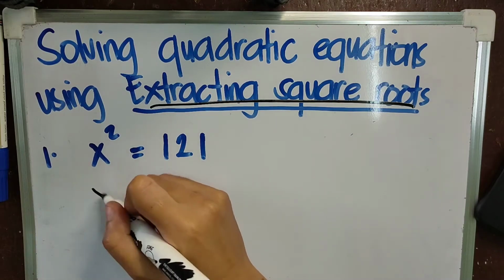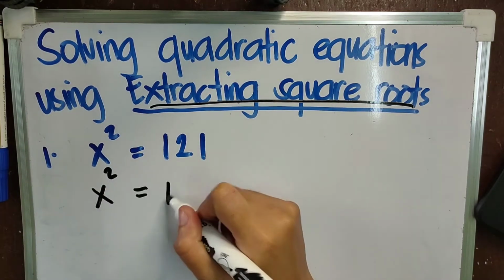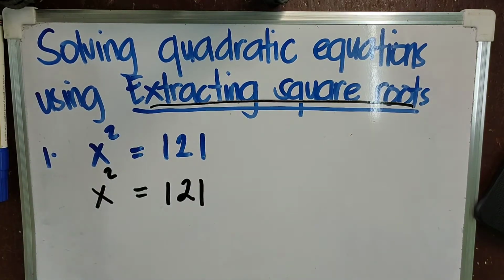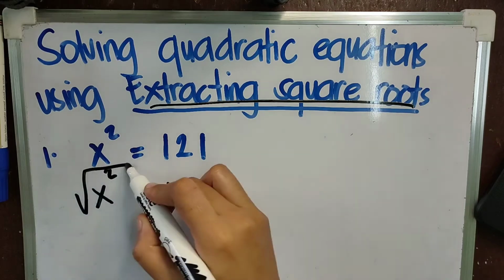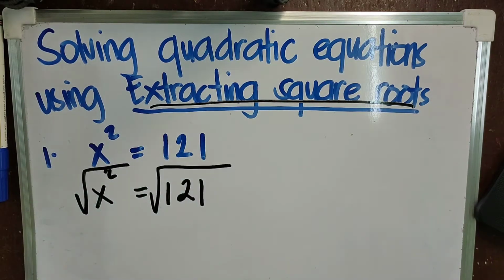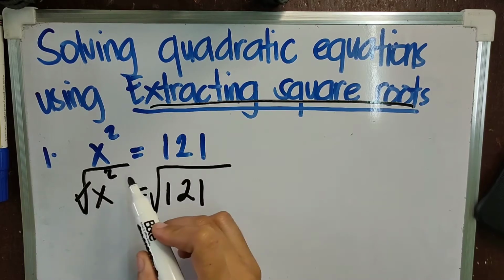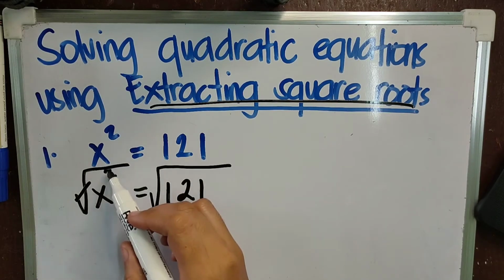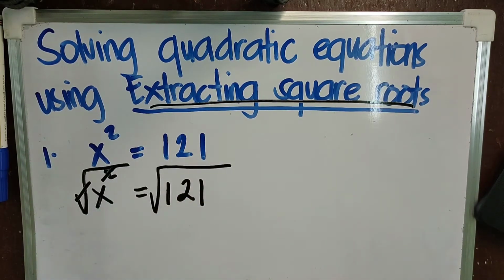Okay? First step, you are going to apply the square root property to both sides. So we have square root. Then after that, you are going to cancel the radical sign as well as the 2, or the exponent, of your variable x.